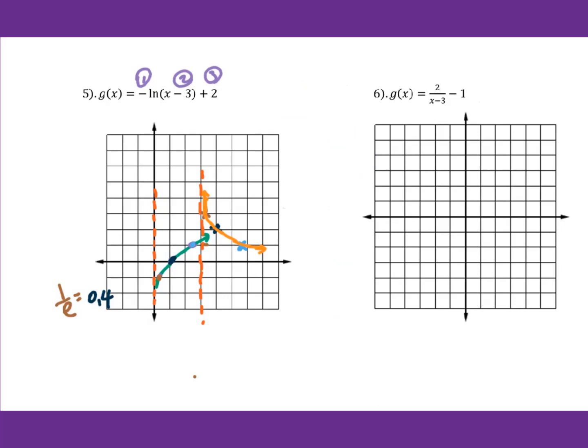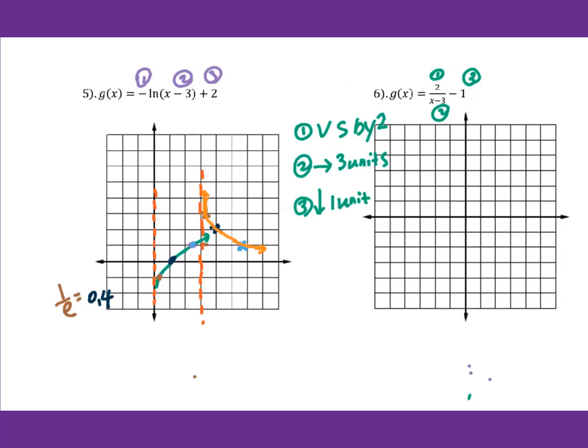For number 6, you have to do the transformation first. Number 1, that's a vertical stretch by a factor of 2. Minus 3 means move to the right 3 units. Then minus 1 means go down 1 unit.